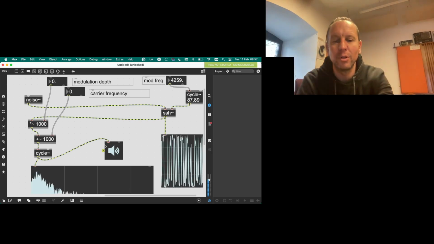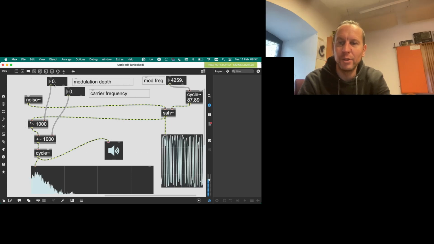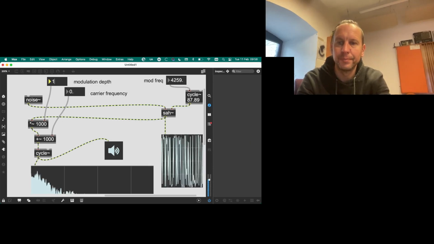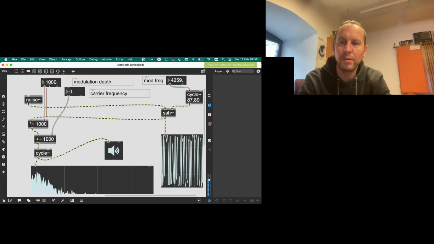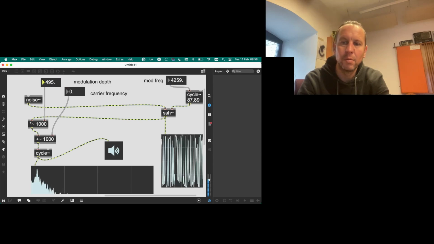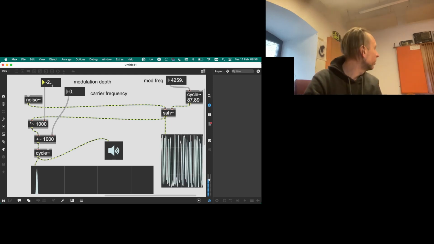Maybe this is interesting to hear as well. Right, so I start with modulation depth 1000. And then I can decrease it. And I get a sine wave at 1 kilohertz.